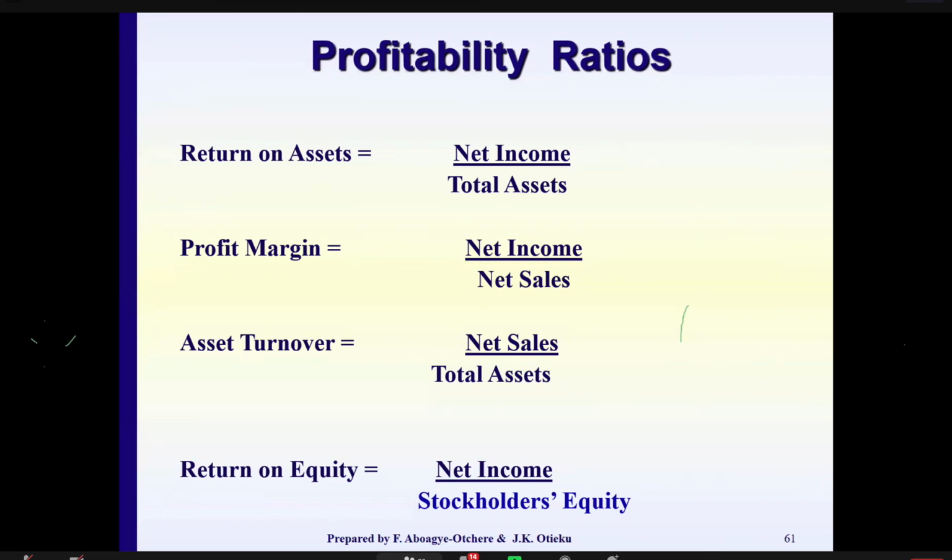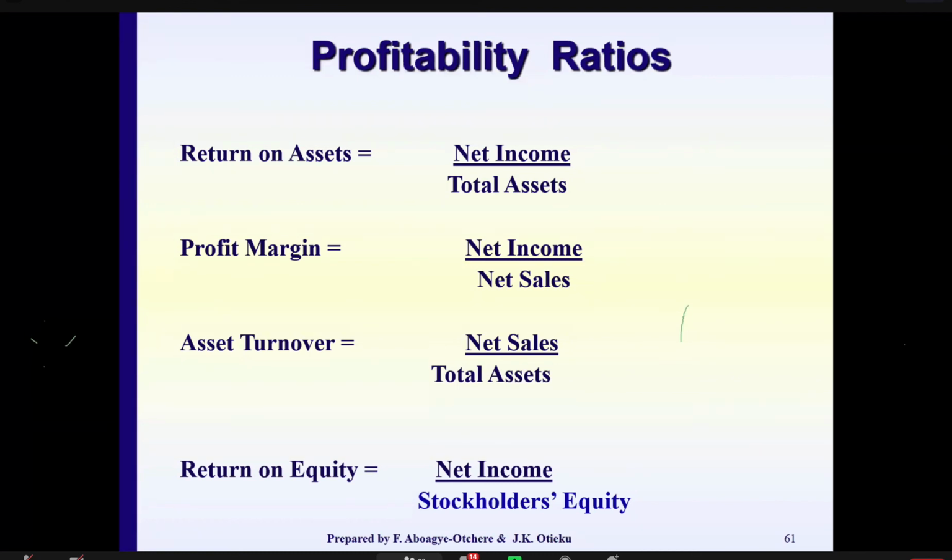So if there are two entities, remember you can do an inter-firm comparison, you can do an intra-firm comparison, and you can do industry. The one that is returning high net margins or gross margin is considered to have done better. Then the asset turnover, as I explained to you, is how you are using your asset to generate sales, and it is measured in a number of times.